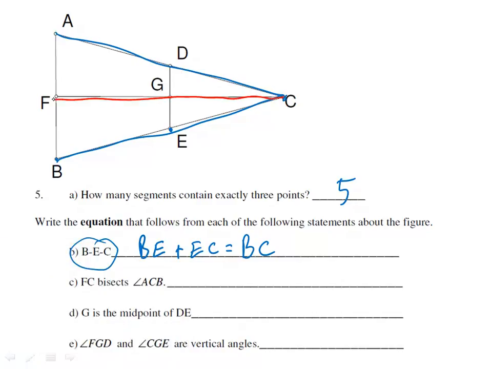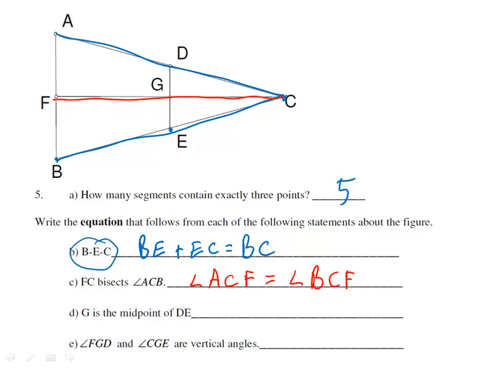When you're told that a certain line segment or ray or line bisects an angle, then the appropriate response is that angle ACF equals angle BCF. And why is that? Because an angle bisector splits the larger angle into 2 equal angles.